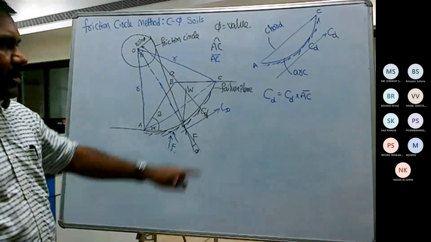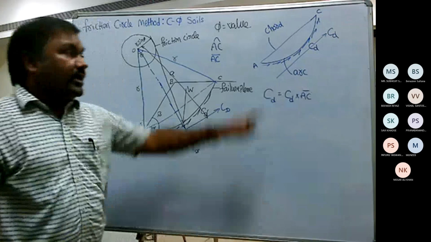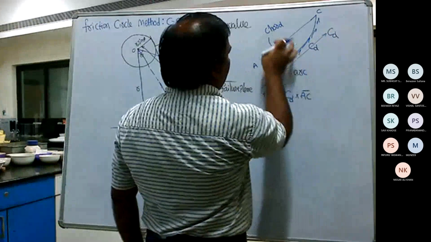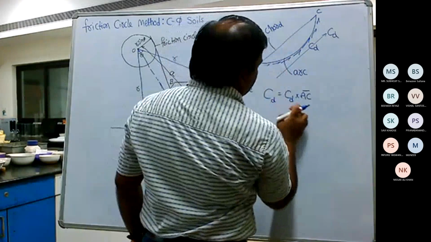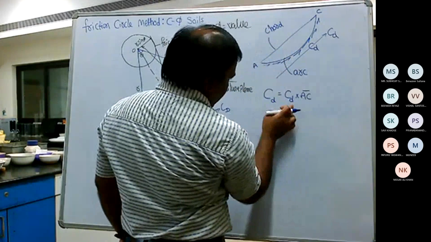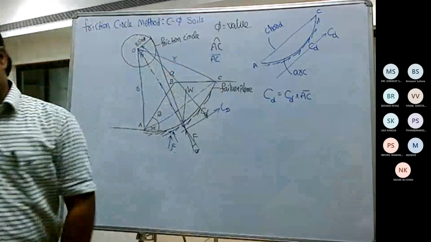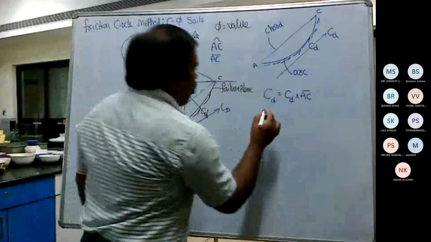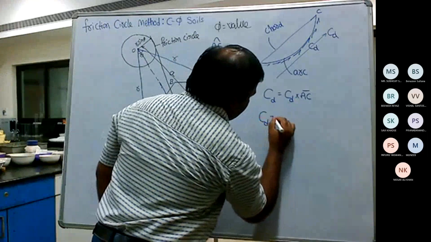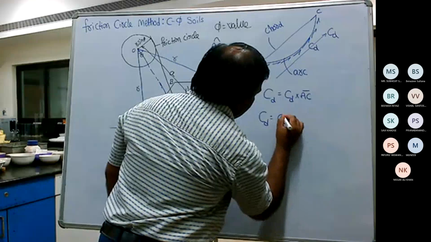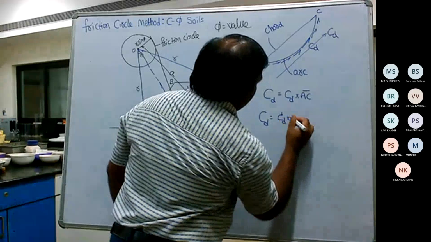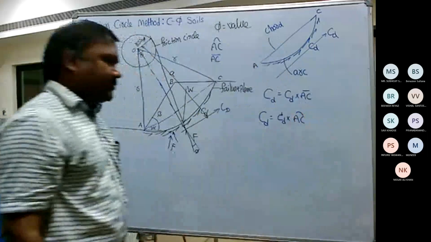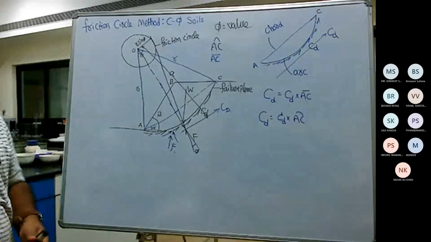If I take this force polygon, the resultant is parallel to the chord CD, and it is approximated as capital CD equals unit cohesion multiplied by the chord length. However, the original capital CD is nothing but unit cohesion multiplied by the arc length, that is AC.